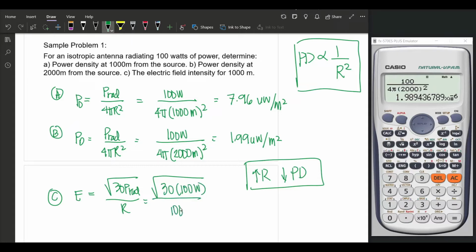Then the distance is 1000 meter. Yan. So you'll get 54.77 millivolt per meter. So the unit is volts per meter.